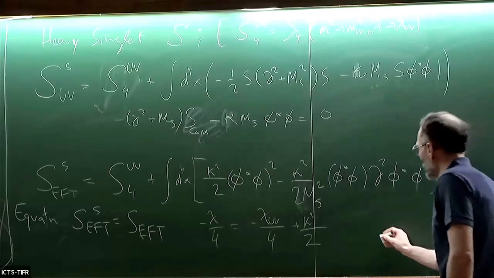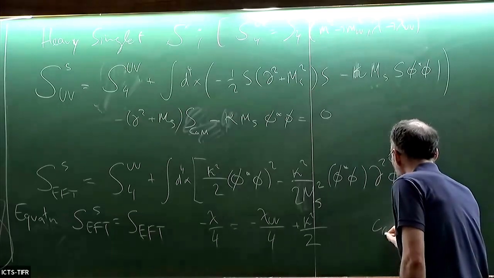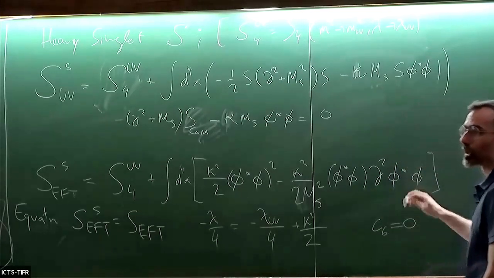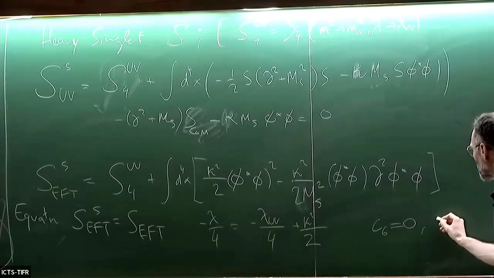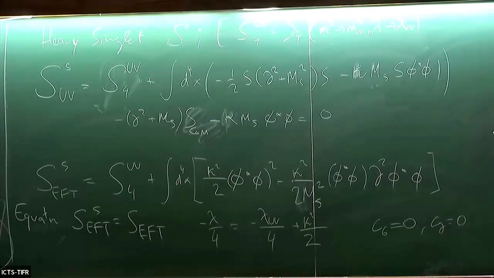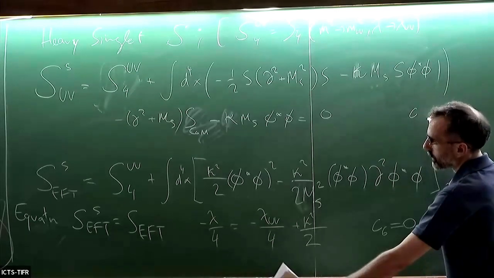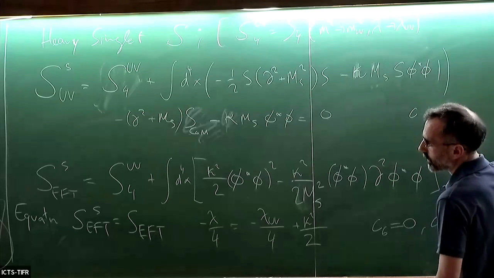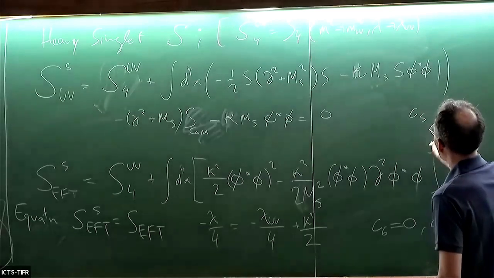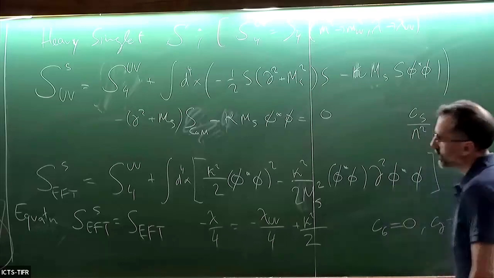And then you see that you don't produce C6, so we set that to 0. That's CC. You don't produce CG, so we set that to 0. And then the only non-trivial term is CS over lambda squared.